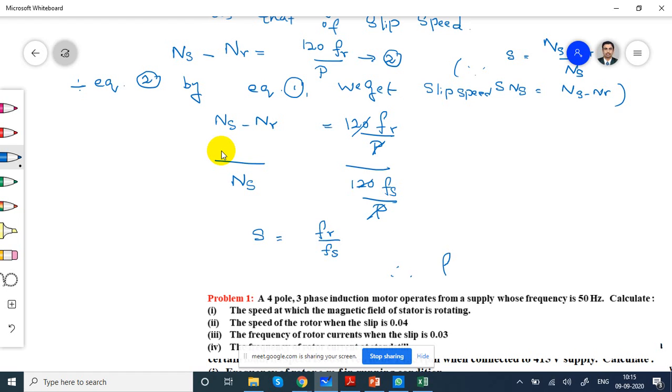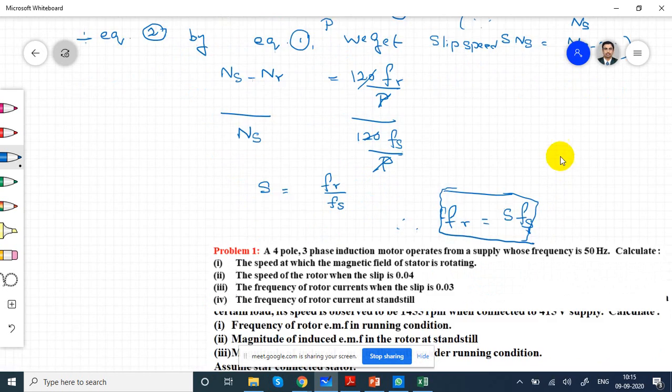Therefore Fr equal to s into Fs. So this is the formula for frequency of rotor current. Fr equal to s into Fs.